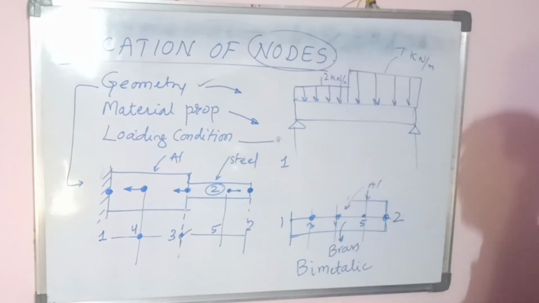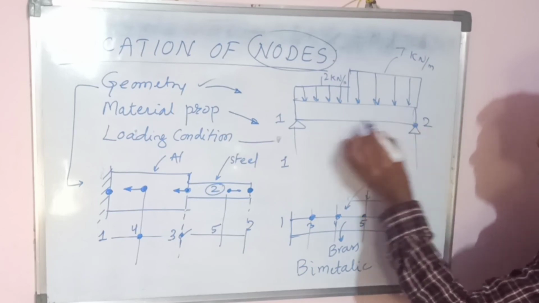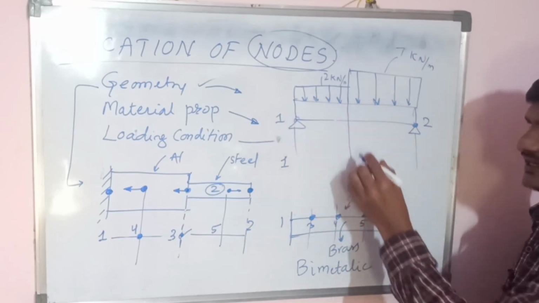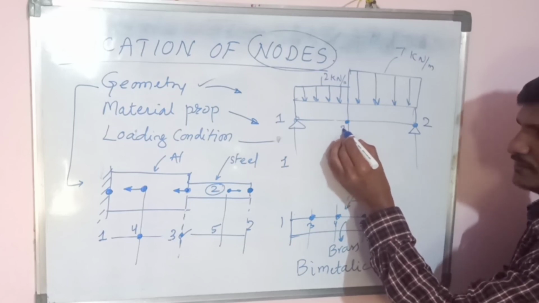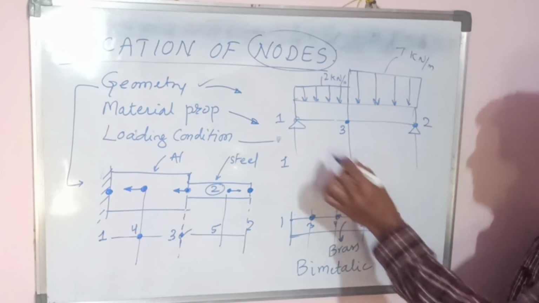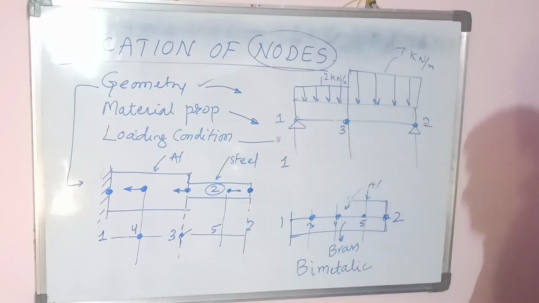So the values are different. You have to represent node 1 and node 2 at the ends, and where the load suddenly changes, there you have to represent a third node. So 1, 2, 3 nodes you can represent for this type of problem, right?